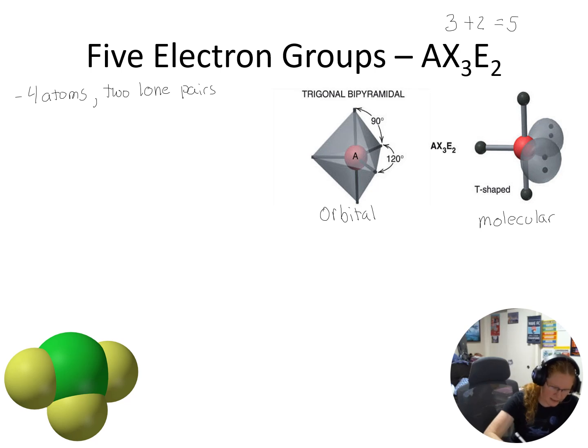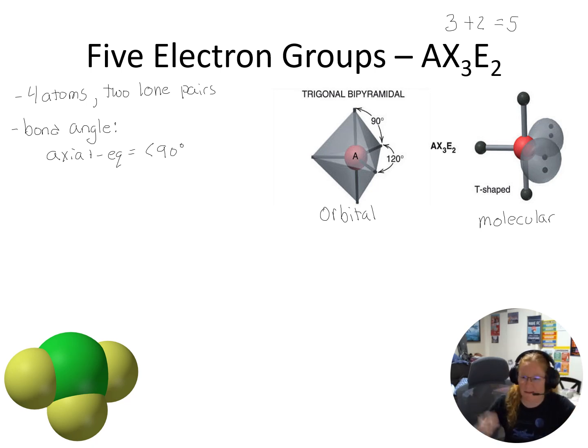So we're going to say our bond angle we're just doing axial to equatorial. I'm going to abbreviate with EQ. And we're going to get that less than 90. Okay, so remember, we only have that 1 atom left equatorially, so we don't have a bond angle there anymore.